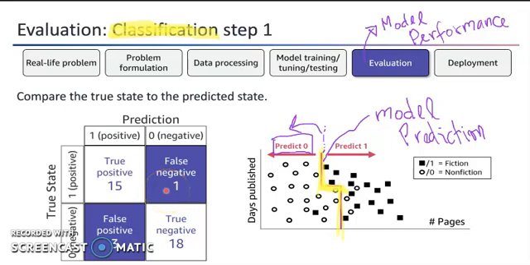This positive and negative is actually more applicable, for example, in a scenario where you're testing somebody for a disease, something like the flu or COVID-19. Those tests would come back positive if the person actually has the disease, and negative if they don't.